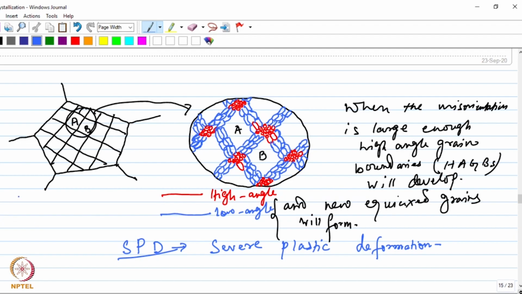For example, here the mechanism that just now we talked about, the MSB mechanism, this may be prevalent at very large strain, like what you have in case of severe plastic deformation, right? So these are the few things to remember when you talk about dynamic recrystallization and the different forms of dynamic recrystallization.